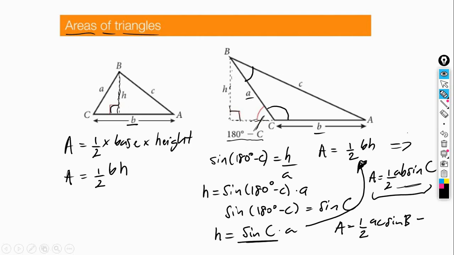And this is also equal to 1/2 BC sine of A. So if we have B and C, and we have angle A, then we can use this formula instead.